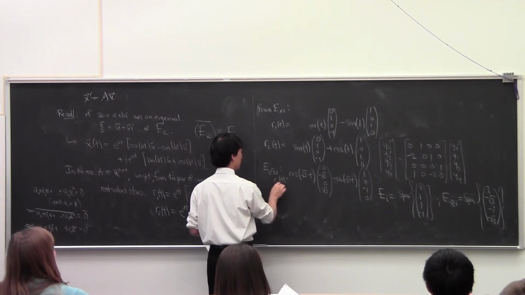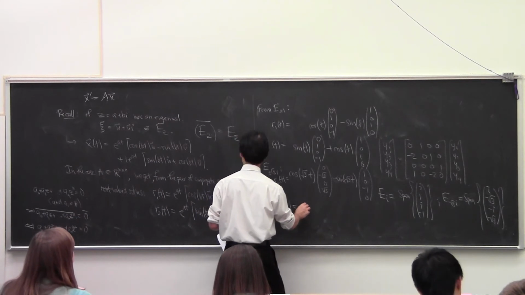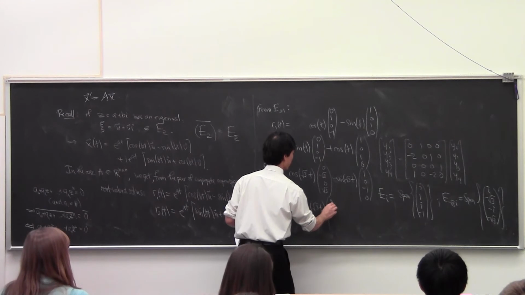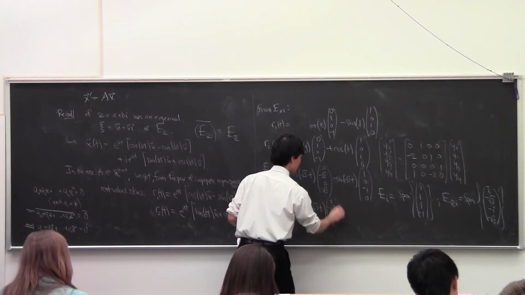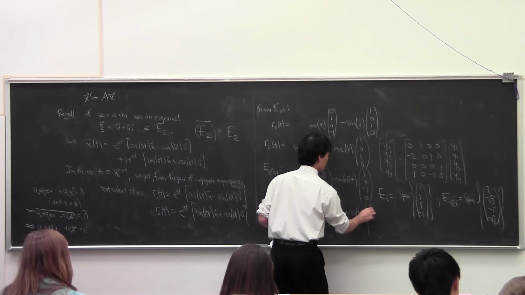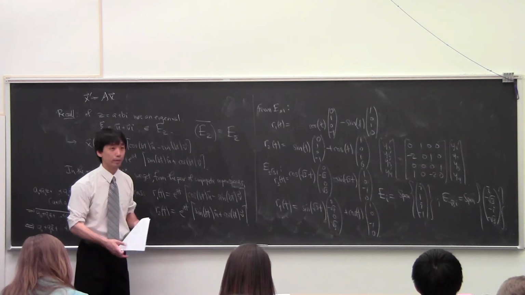Let's call this R3. And we also get R4, which is sine of root 3 t times (0, root 3, 0, negative root 3) plus cosine of root 3 t times (1, 0, negative 1, 0). And those would be our four real-valued solutions.